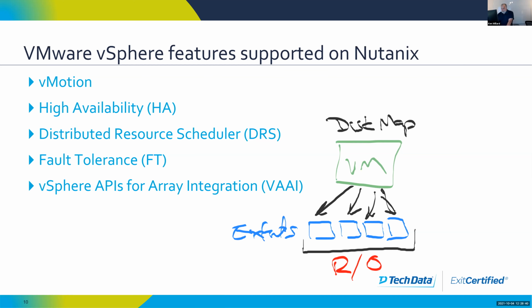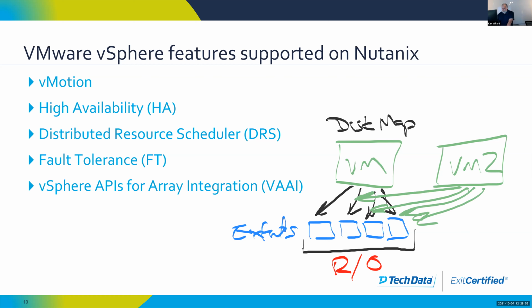I can then create a new virtual machine. And initially, for a short period of time, it can share all of the exact same extents on disk. When it first starts up, its disk map is identical.